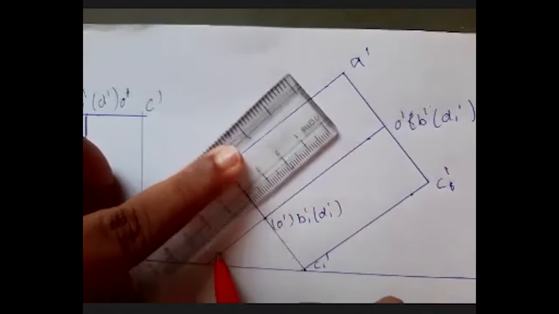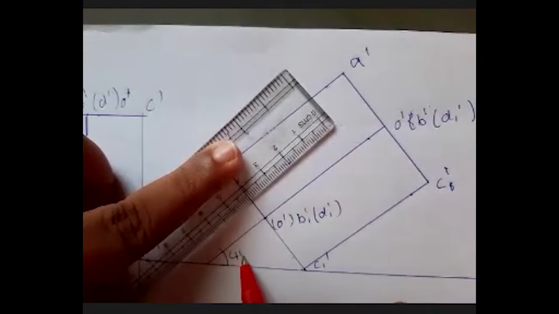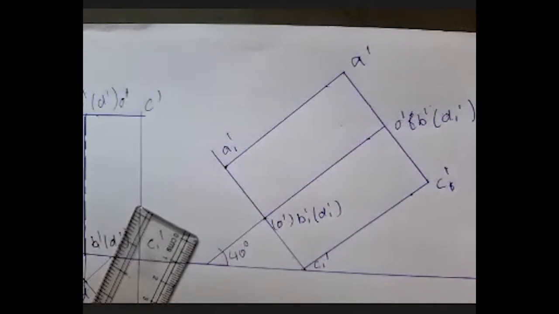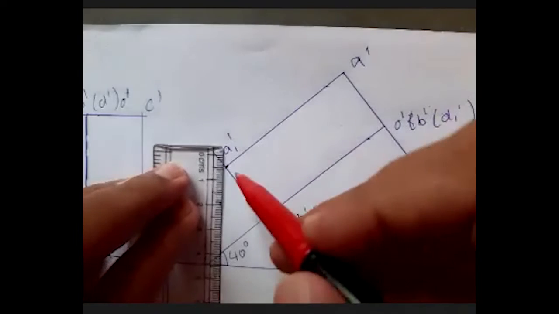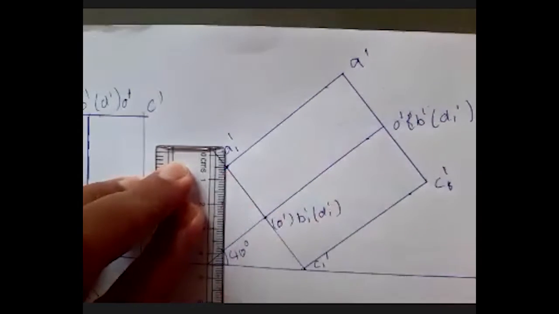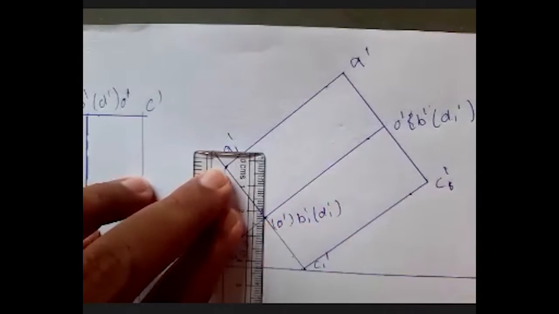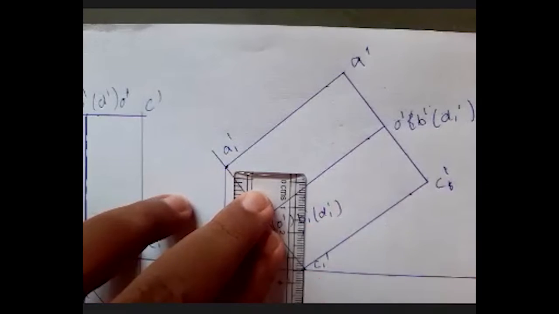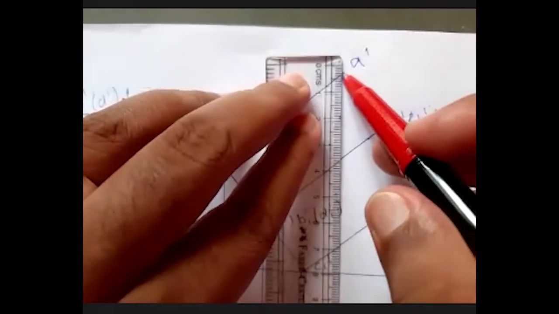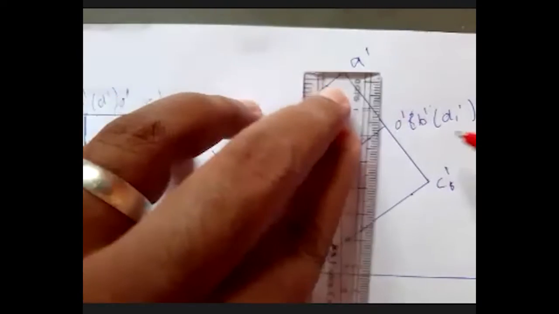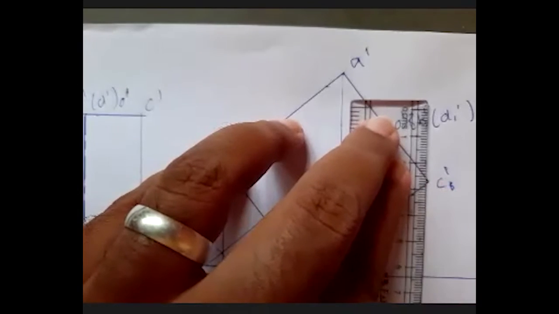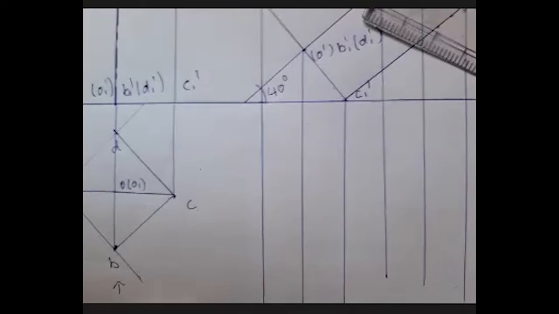So the axis inclination will be 40 degrees. Then I'm going to project it downwards, and then this will be projected sideways.